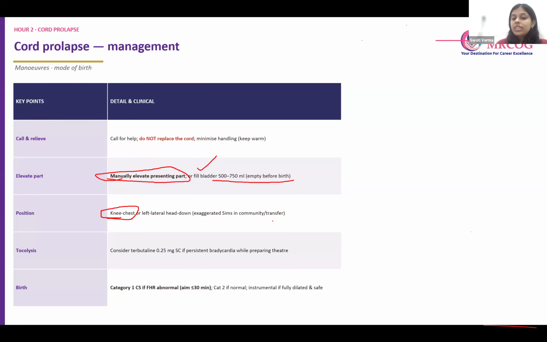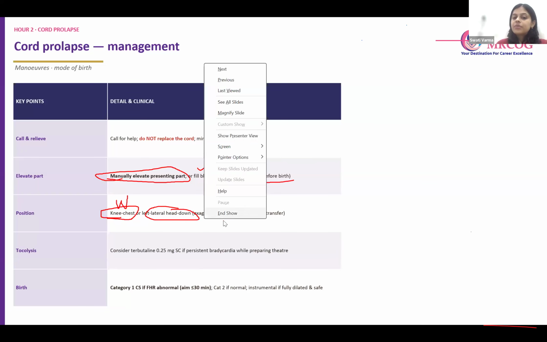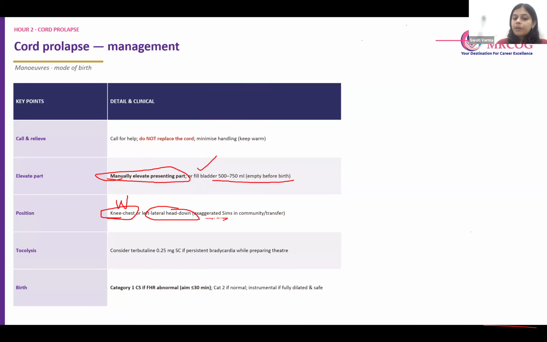But while she is being transferred in the ambulance, then left lateral head down or exaggerated Sims is the preferred position during transfer. Why? Because if she is in the knee chest position, then she might tend to fall.